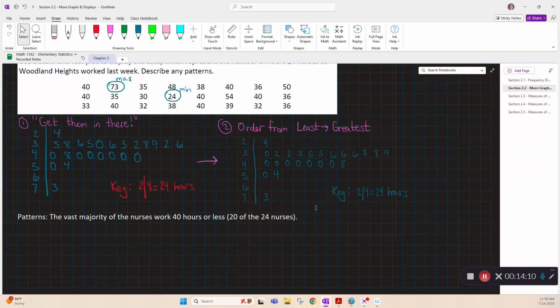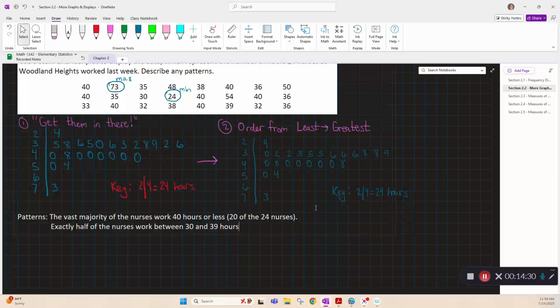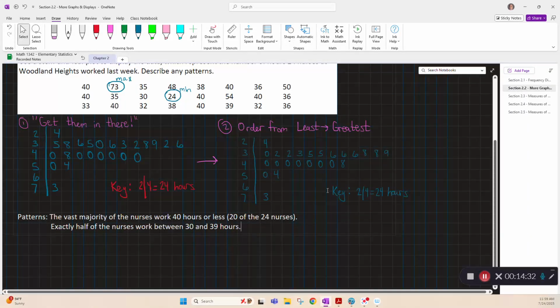Also, another pattern that we could say is exactly half of the nurses work between 30 and 39 hours. So those are a couple of patterns.